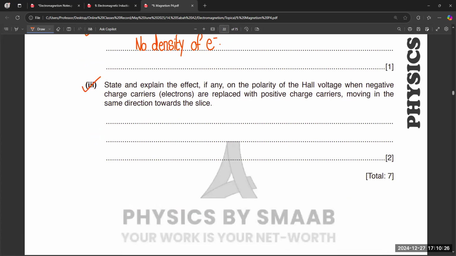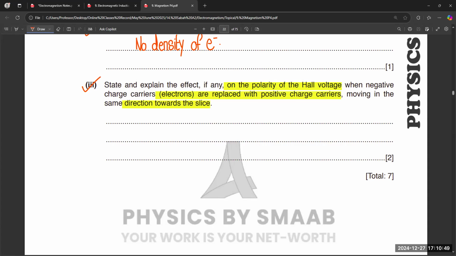In the third part: state and explain the effect, if any, on the polarity of the Hall voltage when negative charge carriers, or electrons, are replaced with positive charge carriers moving in the same direction towards the slice. So now we need to replace electrons with protons.